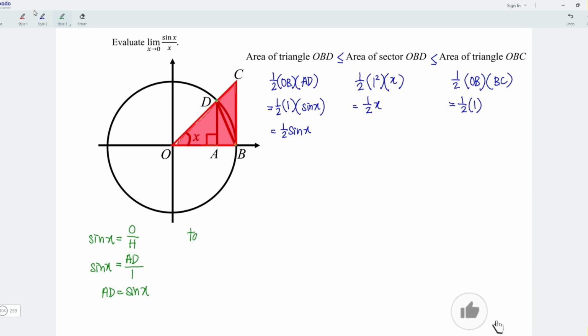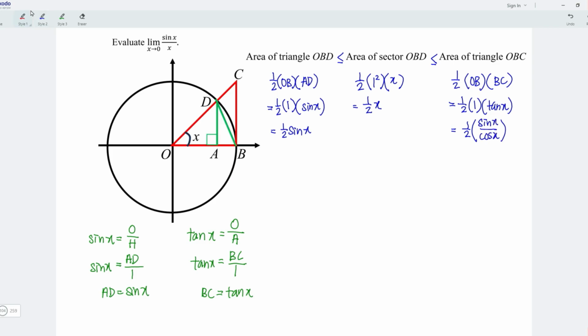This time, I'm going to consider tangent x, which is equal to opposite over adjacent. Therefore, we should have BC divided by OB, which is the radius of the unit circle, that is 1. In other words, BC is equal to tangent x. Let's substitute tangent x here. And we know that tangent x is equal to sin x over cos x.